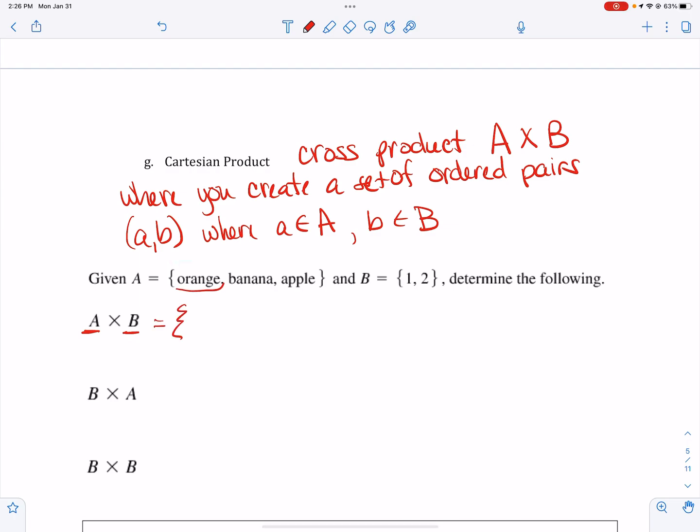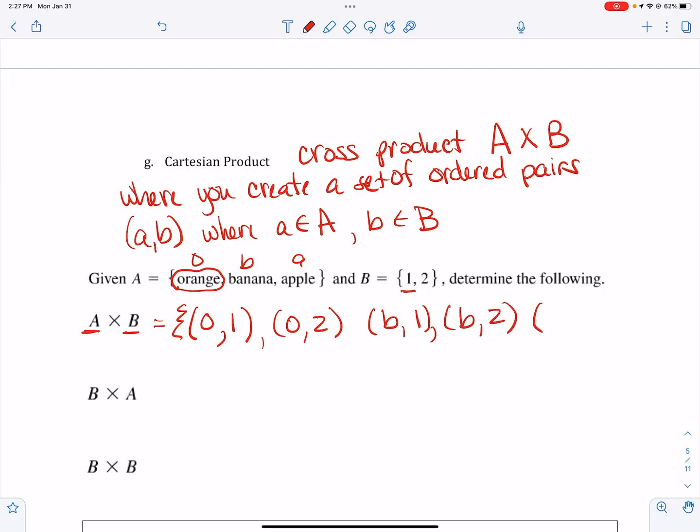I take the first element in A, and I'm going to abbreviate orange, banana, apple, so I don't have to write this out. And I pair it up with the first element in B. So orange, 1. Then I go back, orange, 2. So I'm done with the orange. Now I go banana, 1, banana, 2.